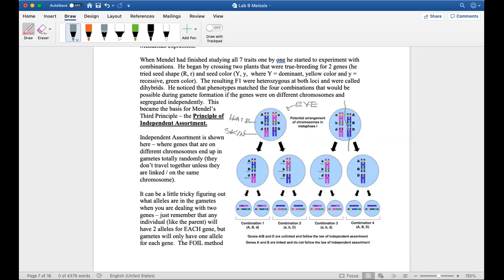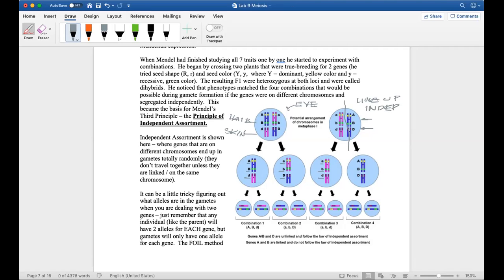So these look different because these lined up differently. Basically, all that the principle of independent assortment is saying is that these chromosomes line up independently. Sorry, it's so hard to write on here. So what does that have to do with dihybrid cross Punnett squares?